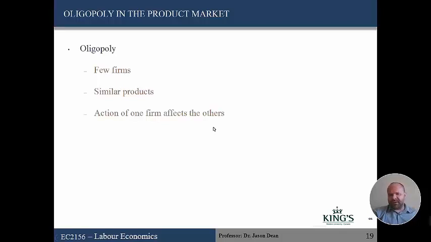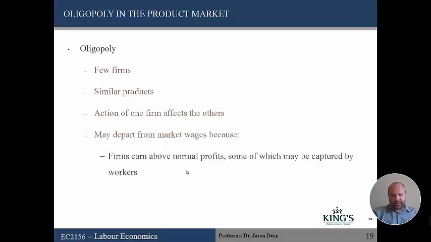In our other market structures, we don't have that characteristic. So they may pay higher wages than a firm, everything else the same, that is in a competitive market because, again, they have above normal profits, and some of these extra profits or economic profits can be captured by workers.